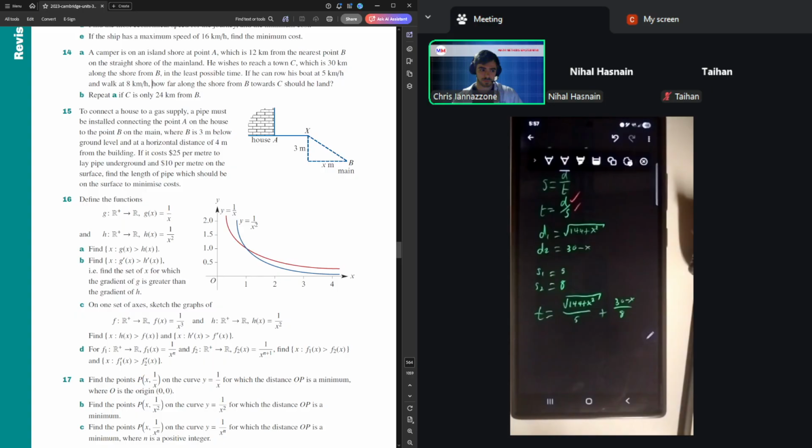I divided the distance by the speed, so I can record the time value. Yeah, you divided the distances by the speeds.